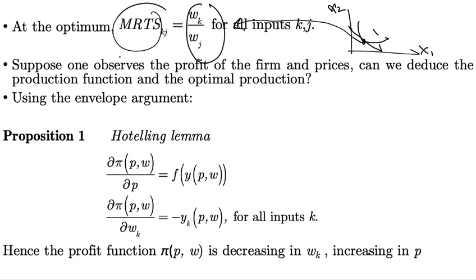Okay, so let's say an individual observes the profit of the firm and prices. Can we deduce the production function and the optimal production? Is it possible to do that? Yes, of course. Let me rephrase the question.